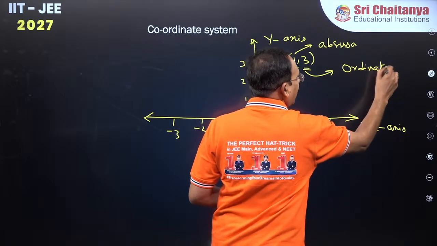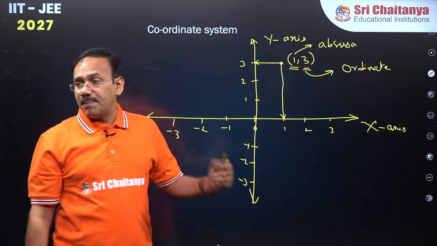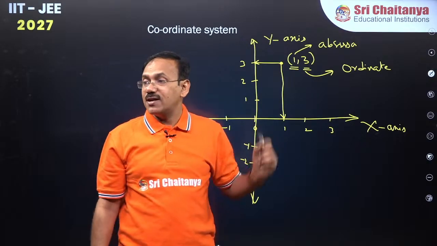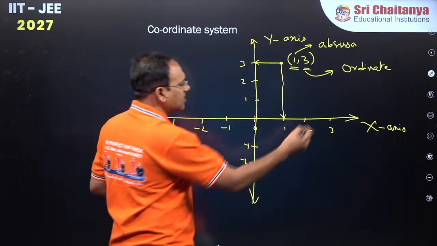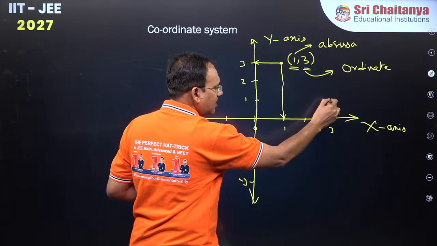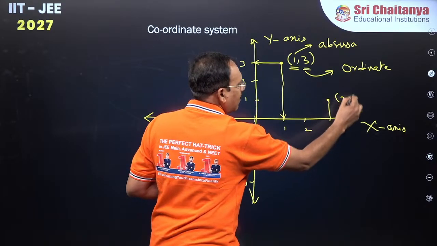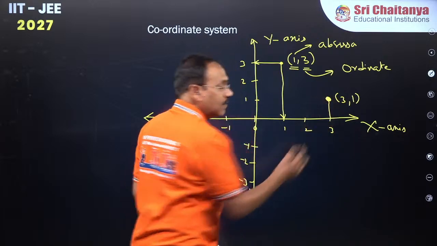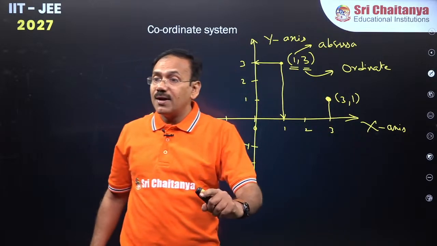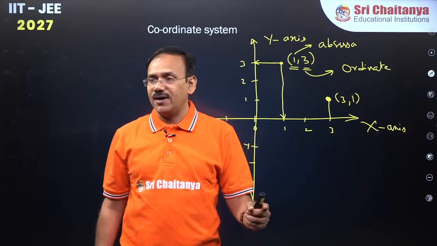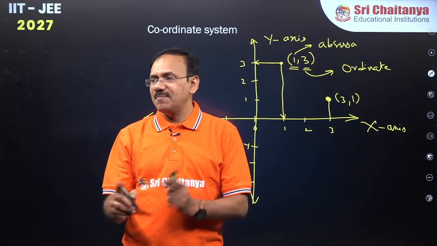So in this way, every point in the plane can uniquely be associated with an ordered pair. Suppose you want to name this particular point, you see the number here is 3, here is 1, the point's name is (3, 1). Please observe that (1, 3) and (3, 1) are different. Ordered pair means order is important, right?